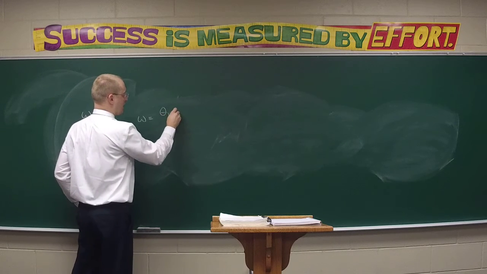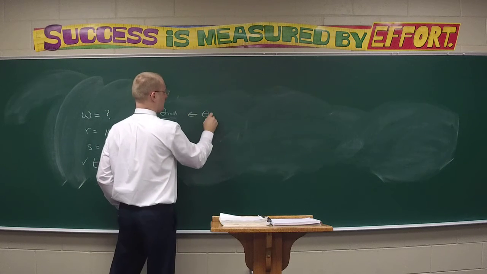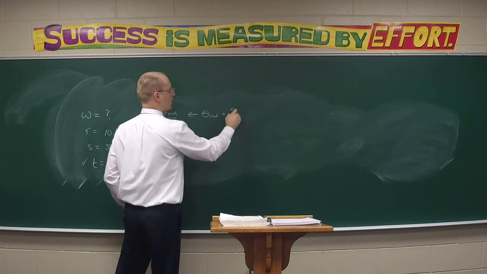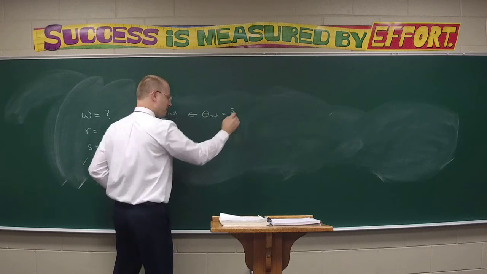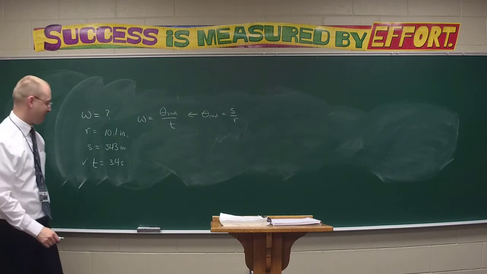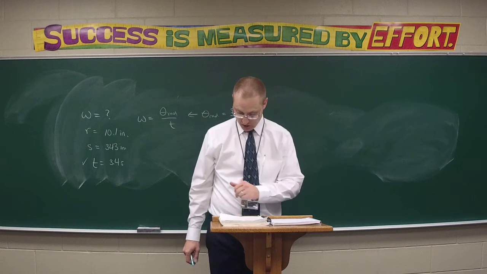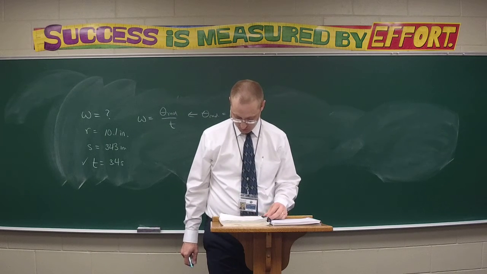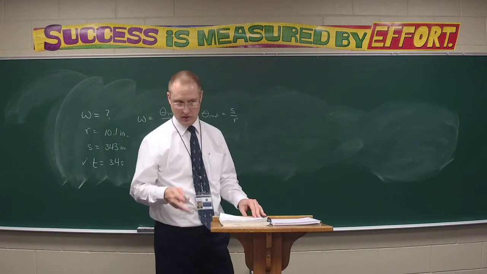But to get theta rad, S equals R theta rad, so theta rad equals S over R. So we're going to divide the S over R. That gives you theta rad, then divide by time. 9.98. Good, or round it to 9.99. 2 sig figs, 10 per second. Questions on that?